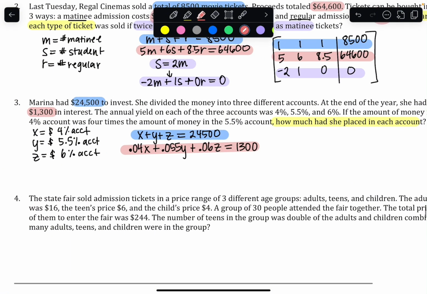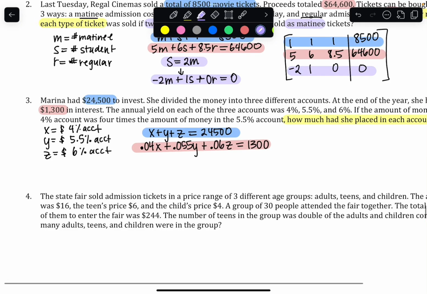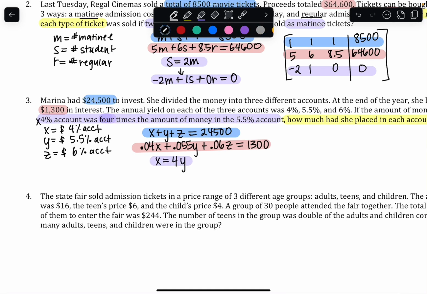And then the last equation comes from the fact that there was 4 times the amount of money in the 5.5. So 4% was 4 times the amount in the 5.5. So X, the 4%, is 4 times the amount in the 5.5%. 4% was listed first.